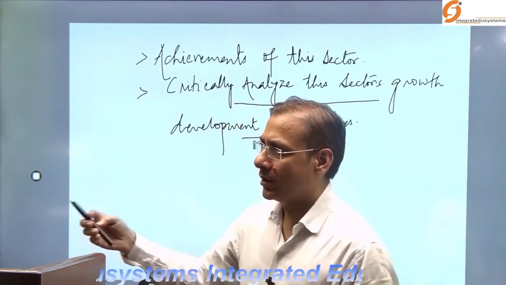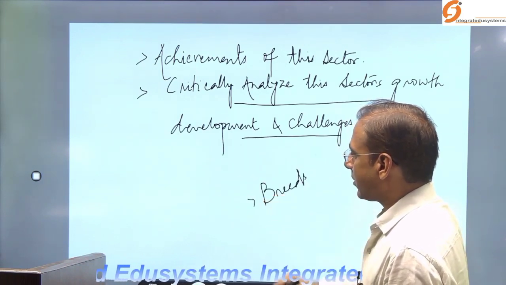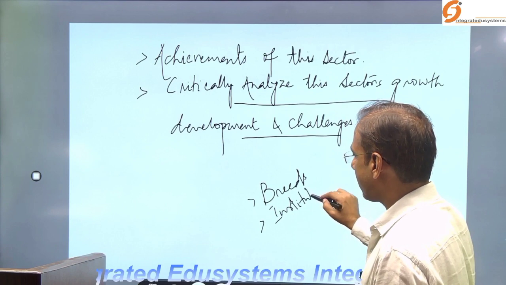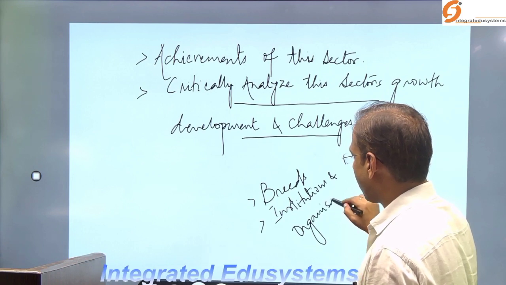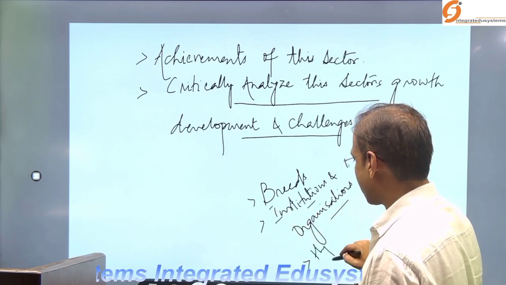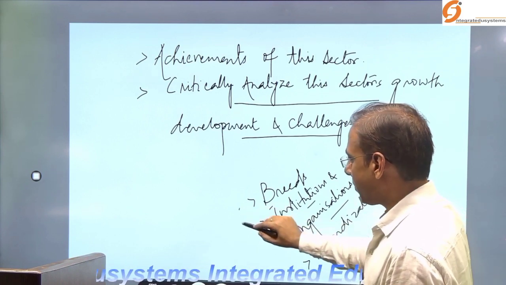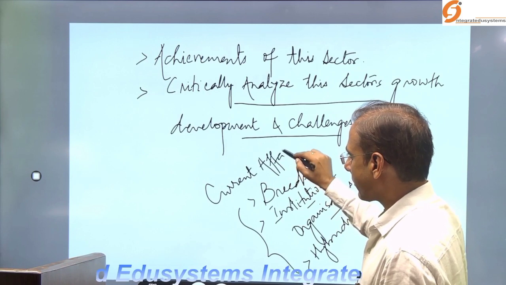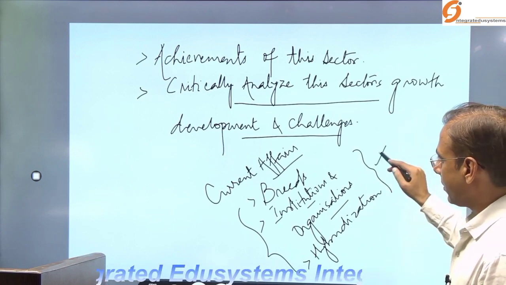So you have to understand and learn some breeds of different cattle, institutions and organizations, hybridization technology. Some topics are related to current affairs. Apart from these major areas, you have to cover newspapers and magazines.